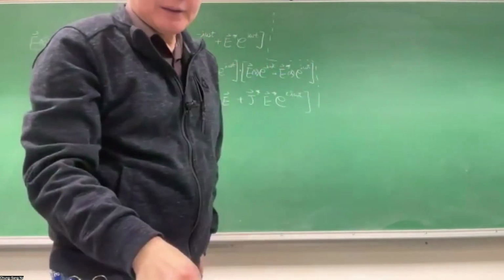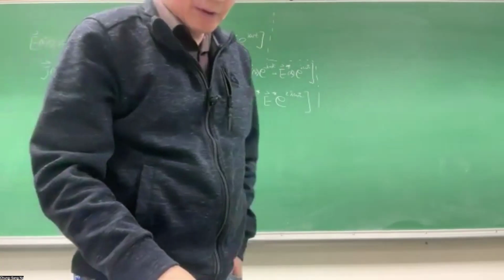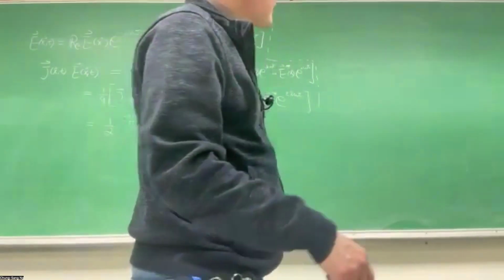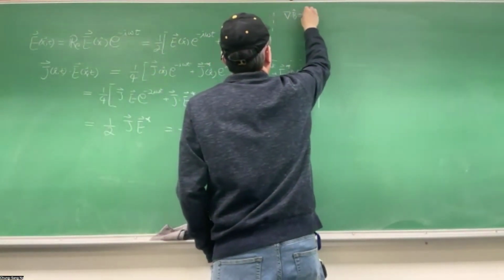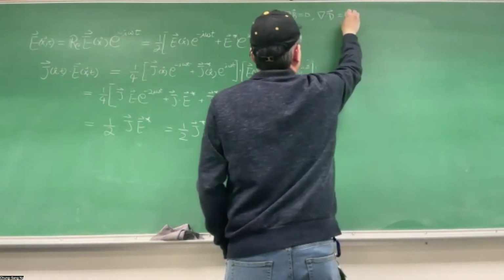Okay, so the only change in the Maxwell equations is that, obviously, divergence B is still 0. That doesn't change.